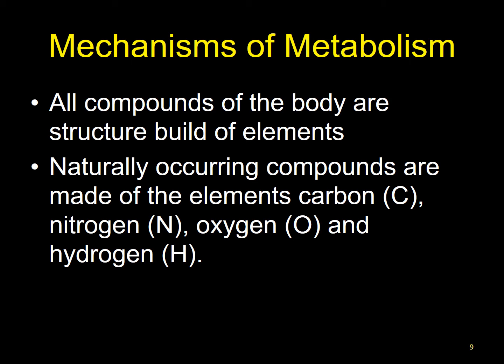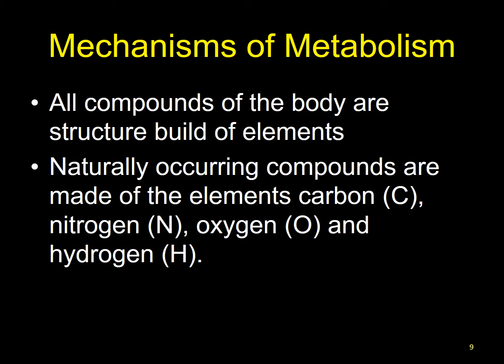The majority of naturally occurring compounds are built on the elements carbon, nitrogen, oxygen, and hydrogen. Of course, there are other elements that are inherent to physiologic compounds, but those are the core 4. Like everything in the body is structurally based on carbon, nitrogen, oxygen, and hydrogen.